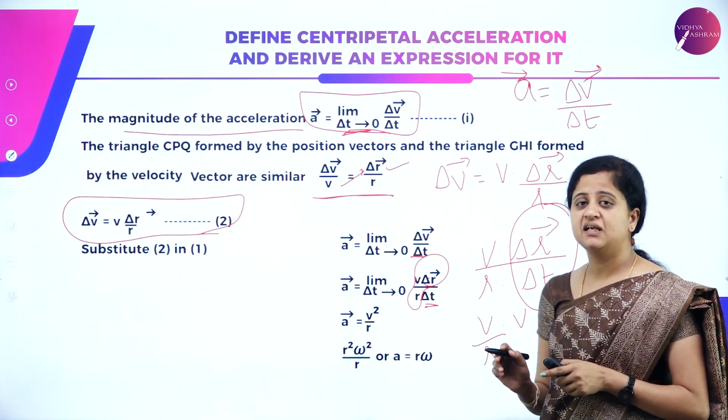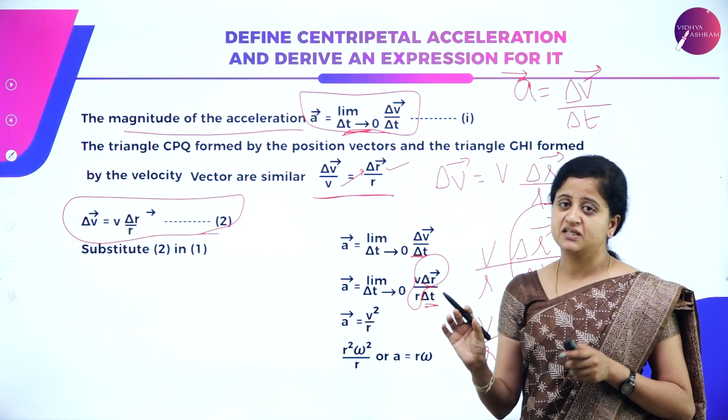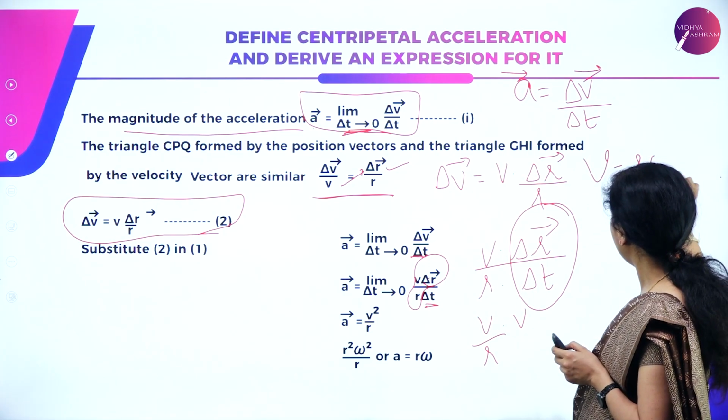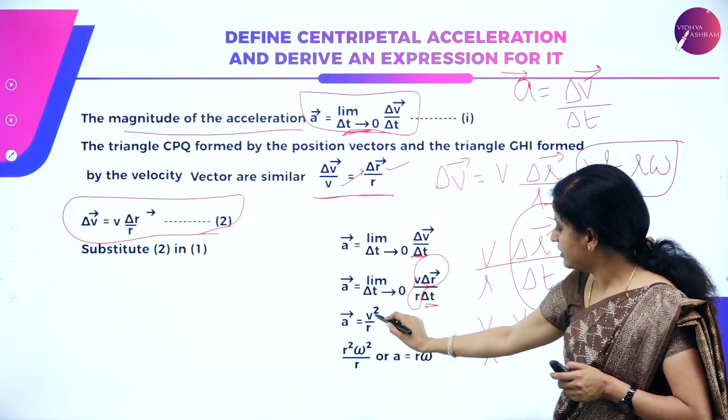We have derived the relation between the linear velocity and angular velocity, and that equation is nothing but V is equal to R omega. Now we have V square here.